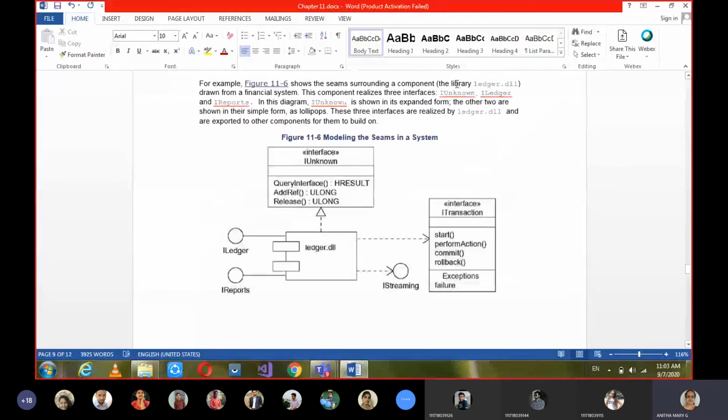Okay, here the example of a library ledger is given. Library ledger.dll. So all of you know what is a ledger? Yes, anyone? Tell me, what is a ledger?